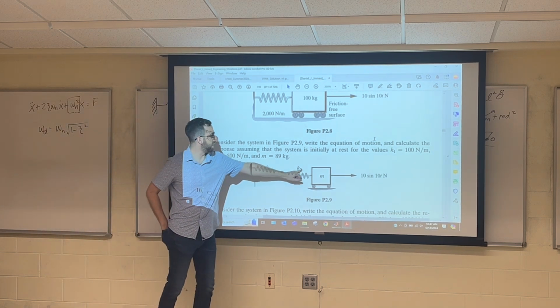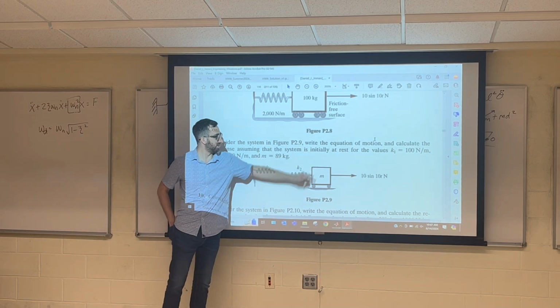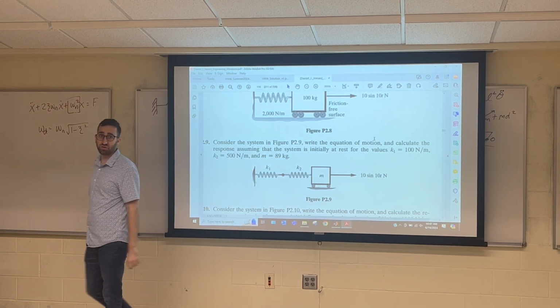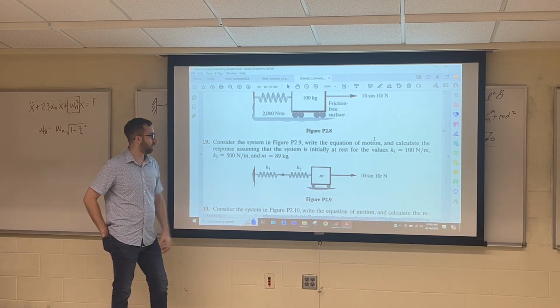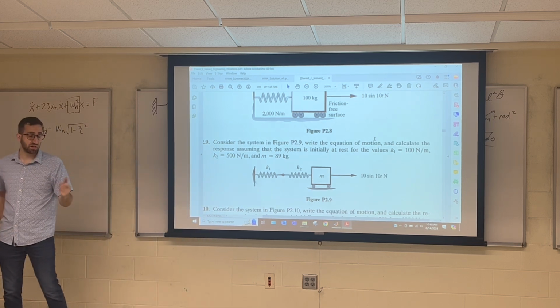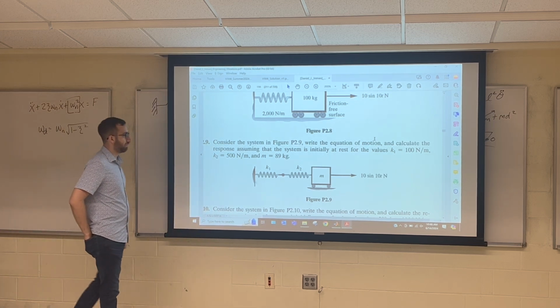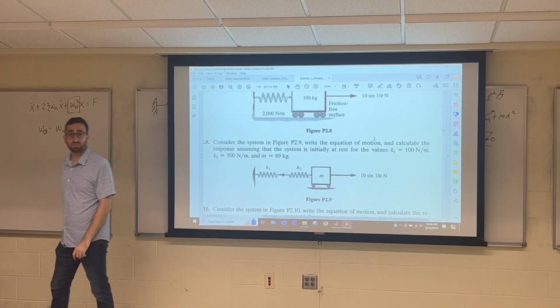So these each have a different spring constant, K1 and K2, you're given a mass, and it says the system's initially at rest, which means that your initial conditions for the problem are 0. We want to write the equation of motion, so we have to find our differential equation, and then determine what x of t is, so we solve the differential equation.